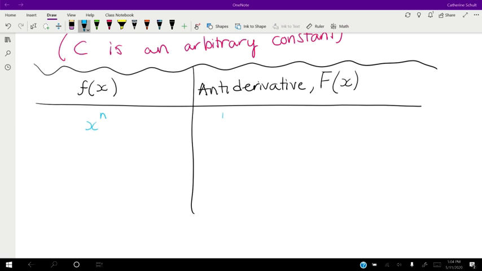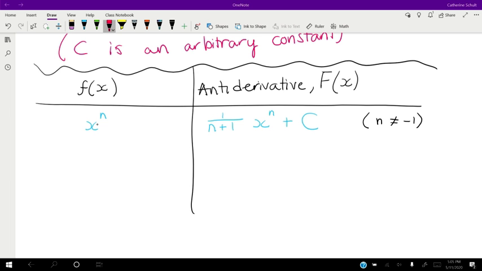The antiderivative, the function whose derivative is x to the n, is this. And then how do we make it the general antiderivative? We add plus c. All right, and let me make a little note. This is true for all cases except if n is -1, right? So let me write that in. n, in this case, is not -1.